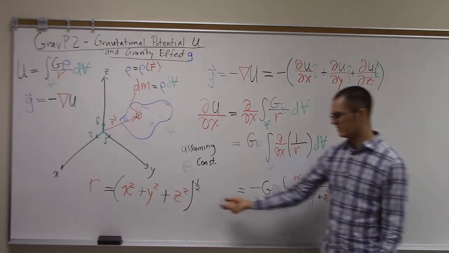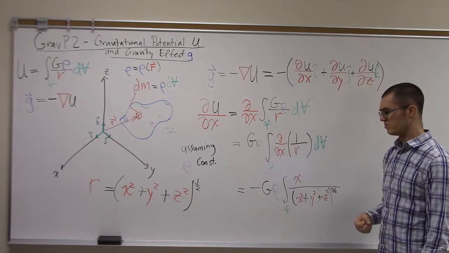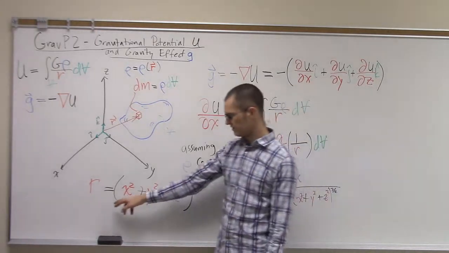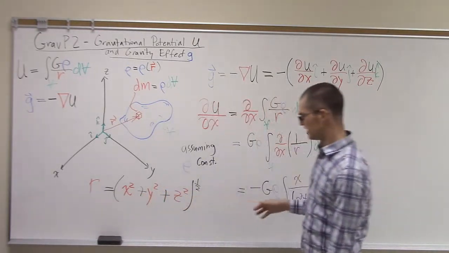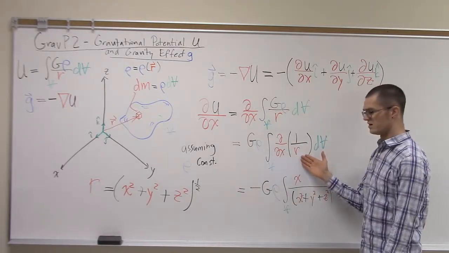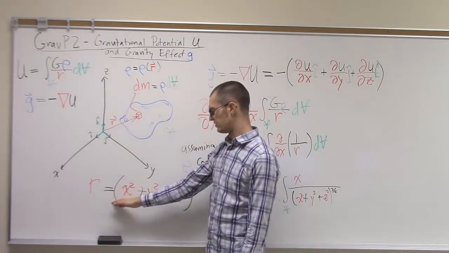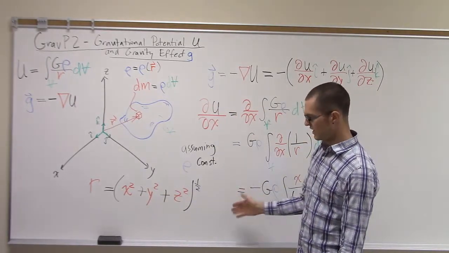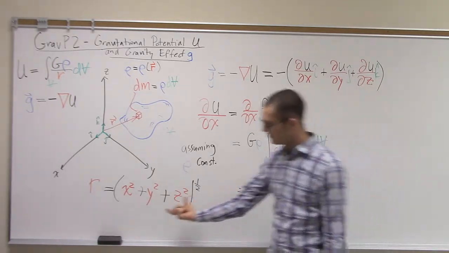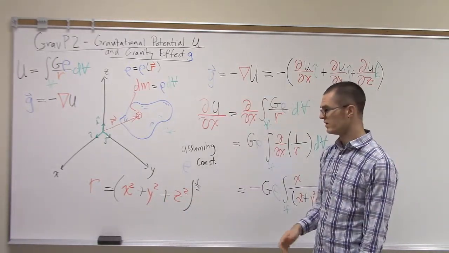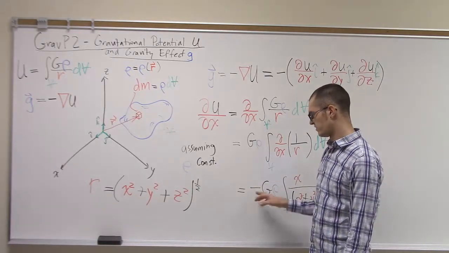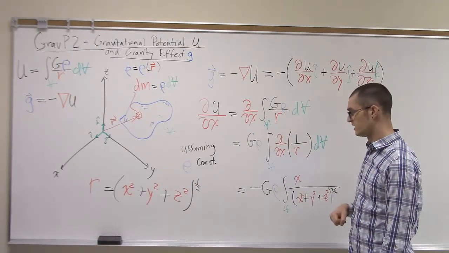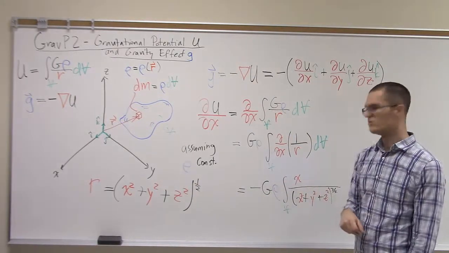That's because when we put in this definition and take the derivative, applying the chain rule, we have negative 1/2, because here r is in the denominator, times this function to the negative 3/2, subtracting 1 from the exponent, and then multiplied by the x derivative of the internal function, which is 2x. So the 2 cancels out with the 1/2. We get the negative sign out front because the exponent is negative when r is in the denominator, and we're left with x in the numerator.